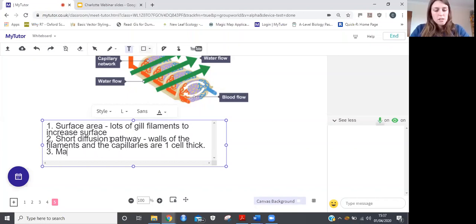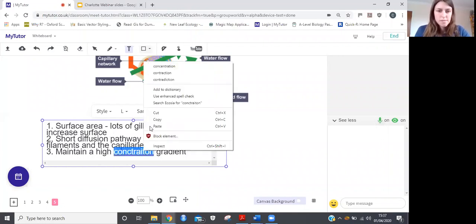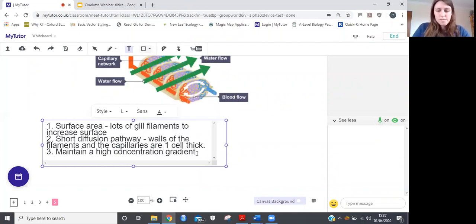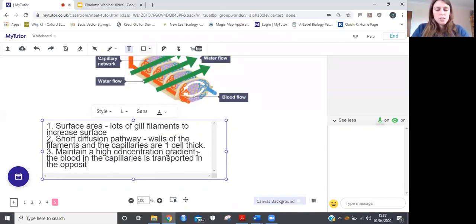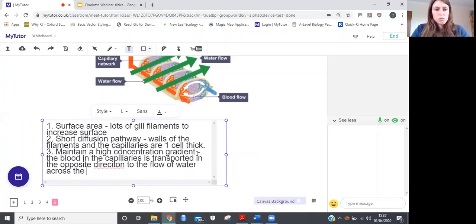And number 3, maintain a high concentration gradient. So here we can see that blood in the capillaries is transported in the opposite direction to the flow of water across the filaments.